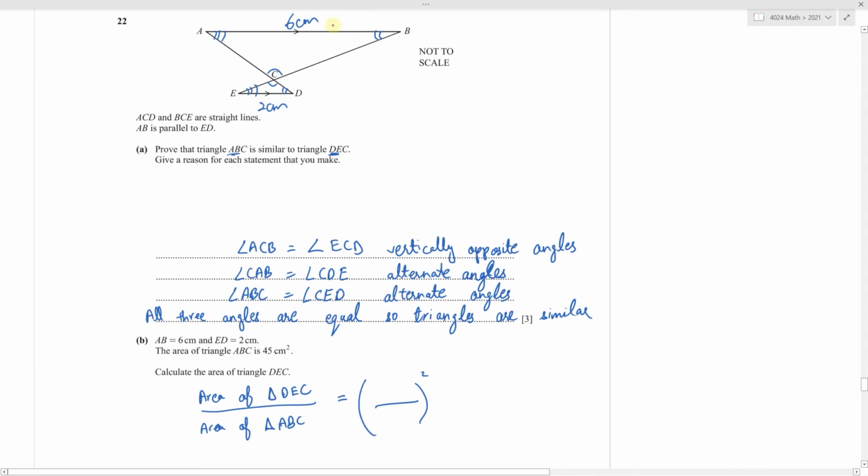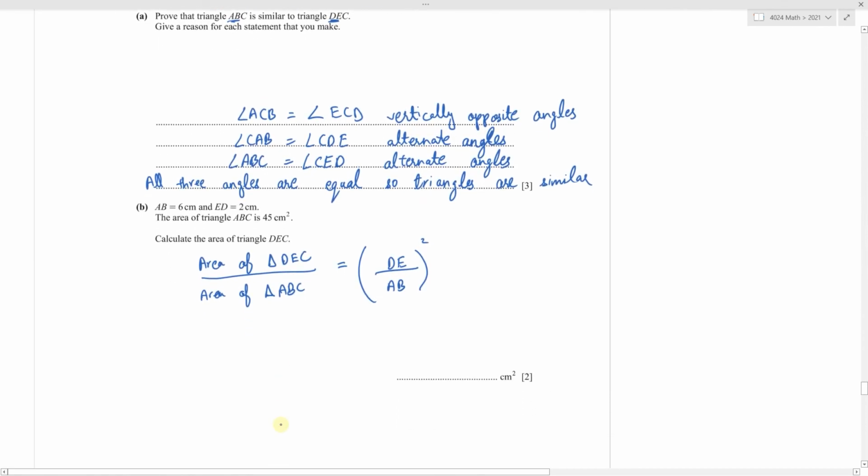In the numerator I have triangle DEC, so I should have the length DE, which is 2, and the corresponding side is AB for triangle ABC, which is 6. So let me write the sides first: DE over AB, and you take the square, that will give you the ratio of their areas.